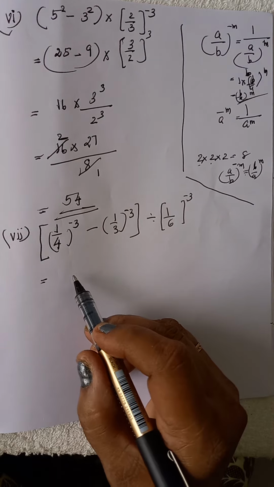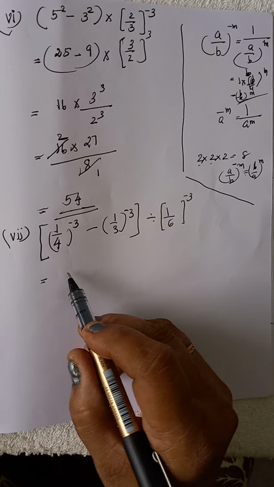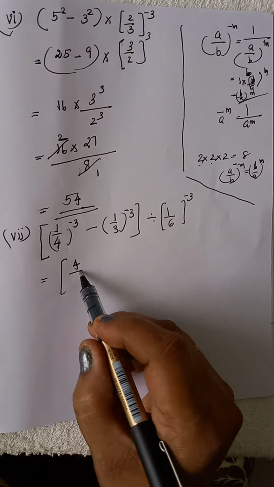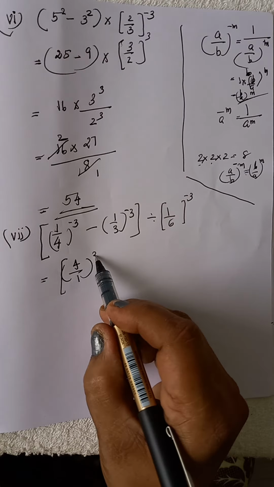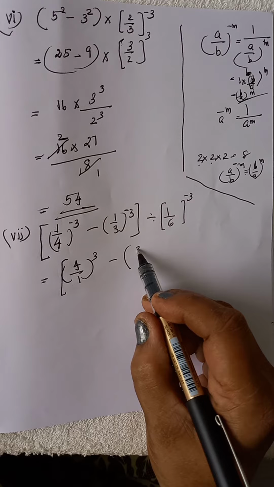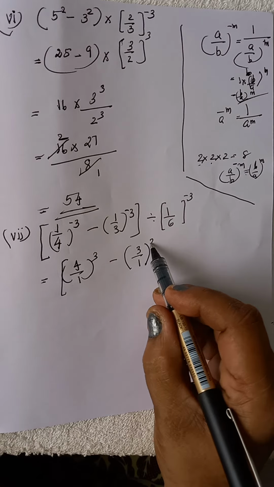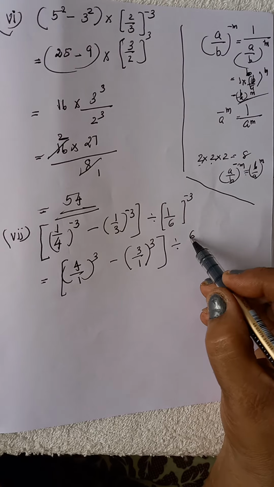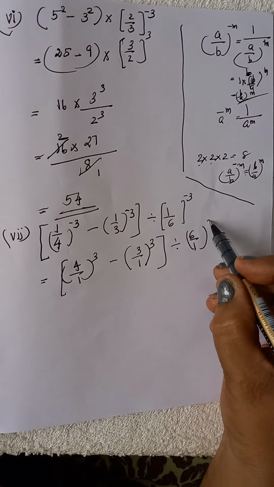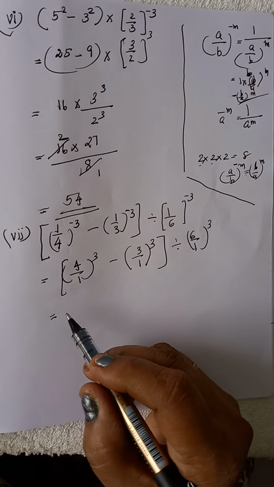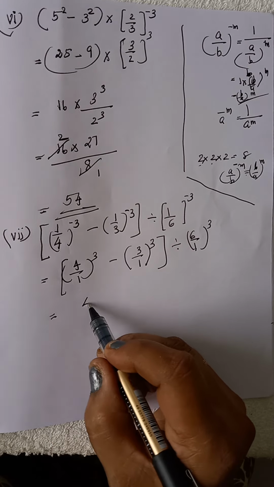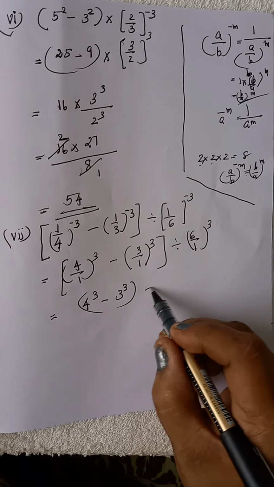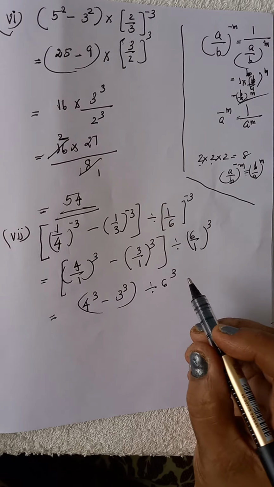So that is equal to (4 by 1) raised to 3 minus (3 by 1) raised to 3 divided by (6 by 1) raised to 3. Now this is equal to 4 raised to 3 minus 3 raised to 3 divided by 6 raised to 3.